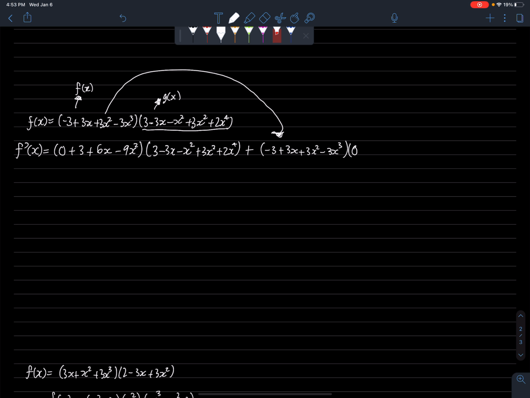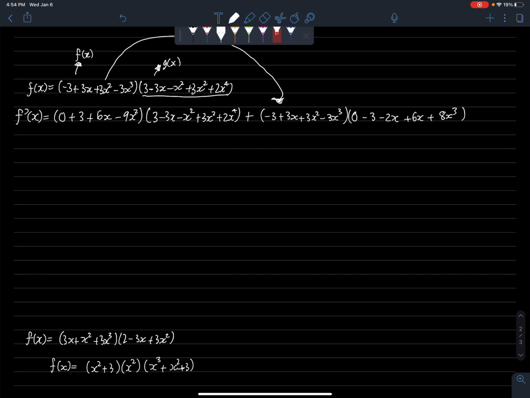So it's just going to be 0, derivative of 3 is 0, derivative of negative 3x is going to be minus 3, derivative of minus x squared is going to be minus 2x, derivative of 3x squared is going to be plus 6x, derivative of 2x to the 4 is just going to be 8x to the 3, right?